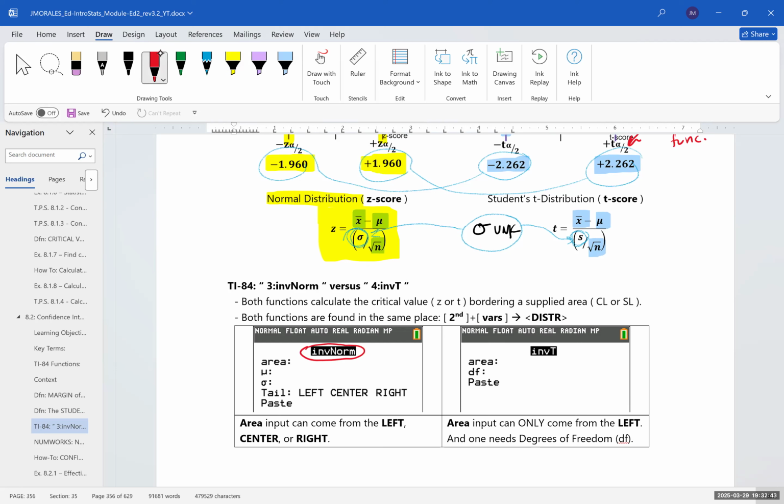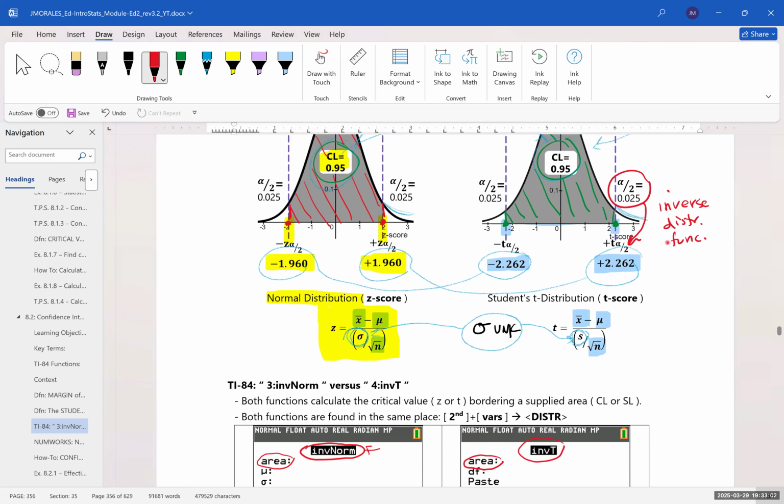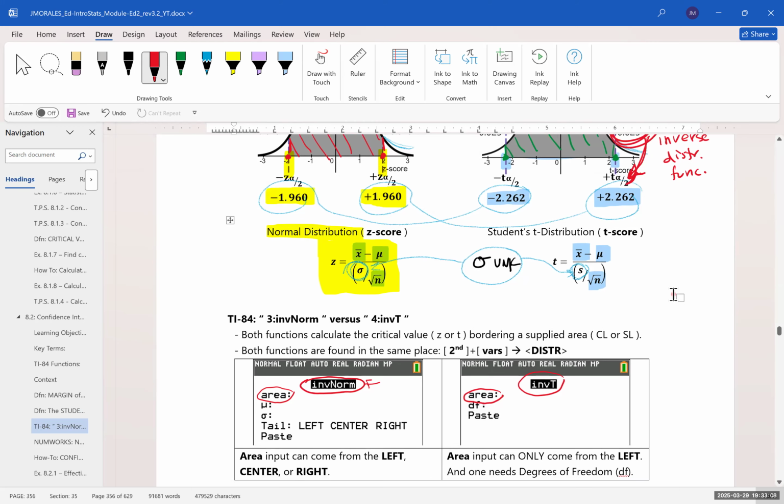But now, since we're using a student's t distribution, we're not going to use inverse norm. We're going to use inverse t. And notice that both inverse norm and inverse t need you to put in an area, because the whole point of inverse functions is to take an area and create a value on the horizontal axis on the number line.